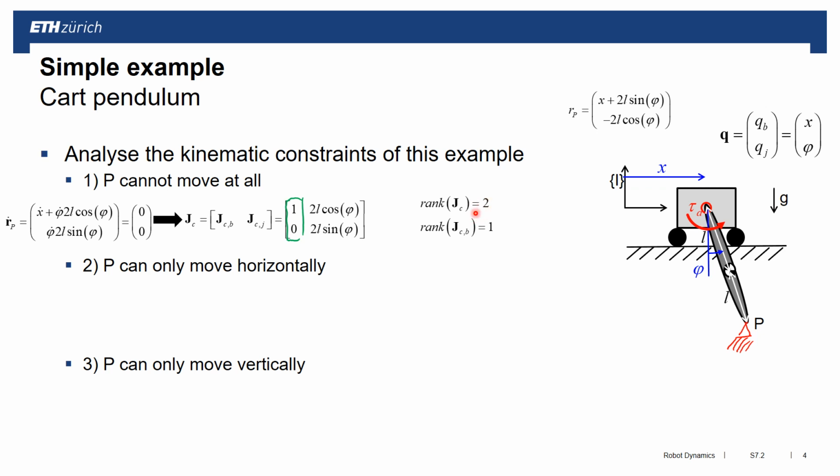So 2 degrees of freedom are blocked by this P. And since Q is only 2-dimensional, all 2 degrees of freedom are blocked. In other words, by fixing it at point P, the system is not allowed to move.